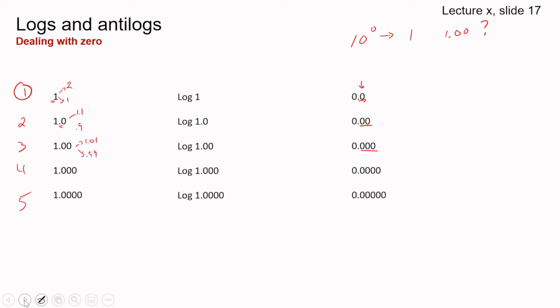I have 4 sig figs or 5 sig figs. So now, when I want to do the inverse log and I have 0.000, I know that I have to have 3 sig figs, and so this goes to 1.00, right? I can keep that level of precision, that level of error in my number. So any zeros count.